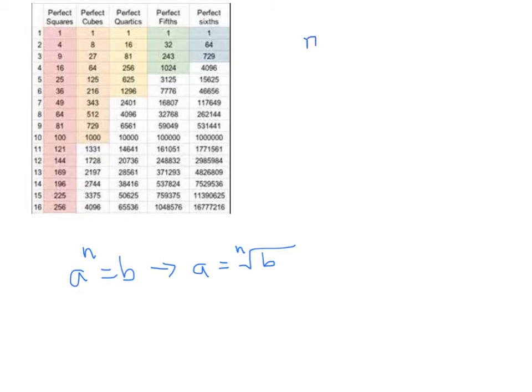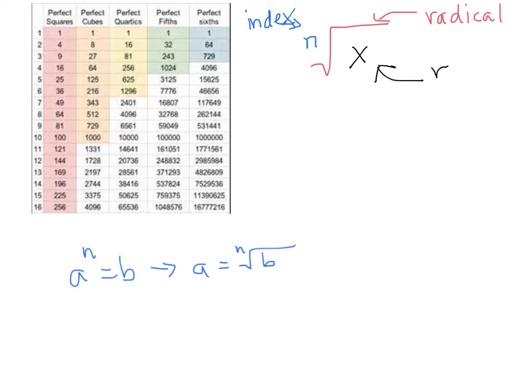The nth root of x: n is your index, this symbol is called the radical, and x is what we call the radicand. It's the real number that's underneath the radical symbol.